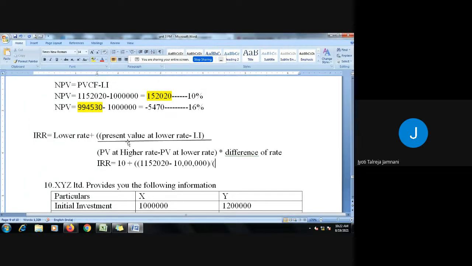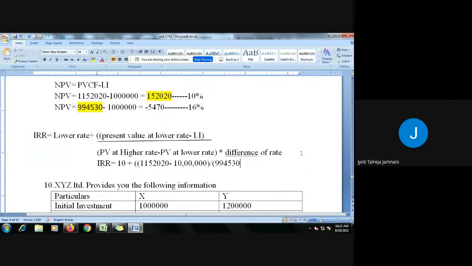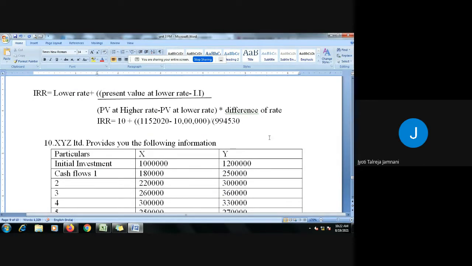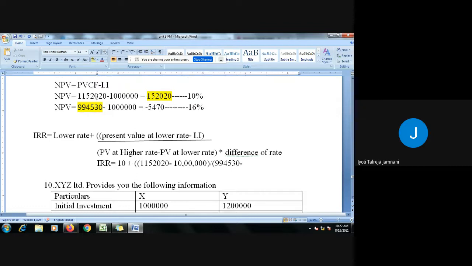The denominator is present value at higher rate, which is 9,94,530 at 16%, you can see here, minus present value at lower rate. So again, it is the same, 11,52,020 is the lower rate present value.